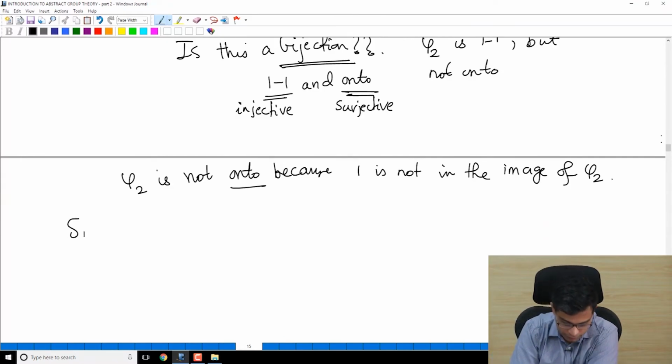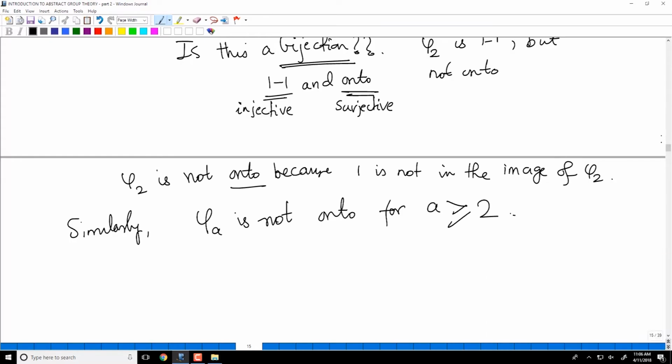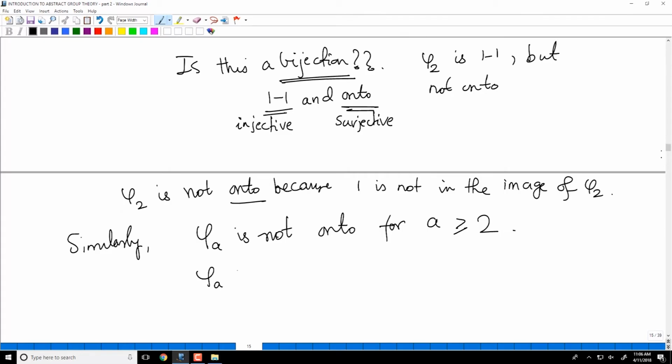So similarly, phi A is not onto for A greater than or equal to 2, right? Because for the same reason, phi A sends n to A n, and if A is greater than or equal to 2, A n cannot equal 1 for any n, right?